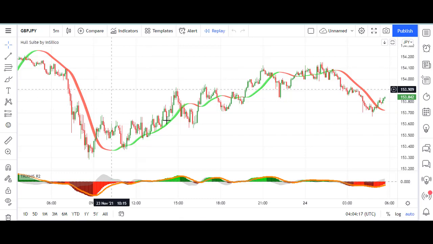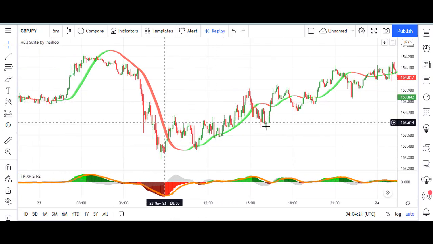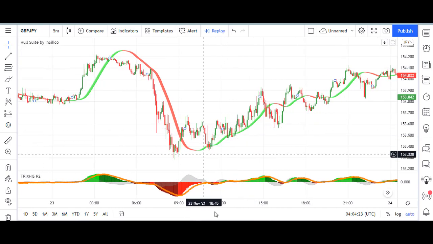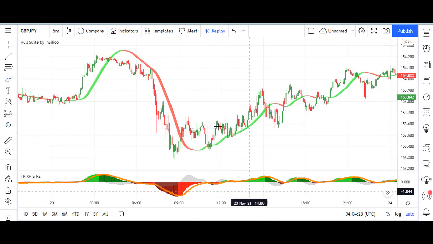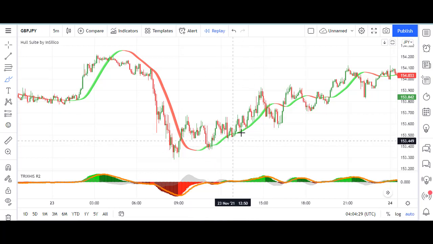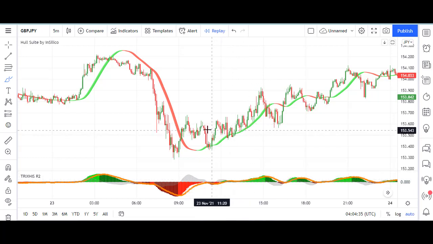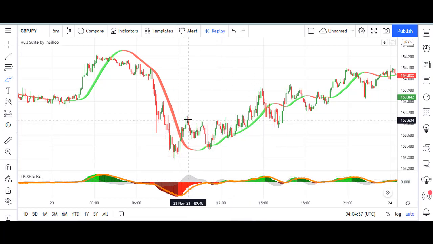For buy trades, it's very simple. When the price is above the Hoonswitch, which is green, and the market is not overbought, we find the trading range. Define it here.